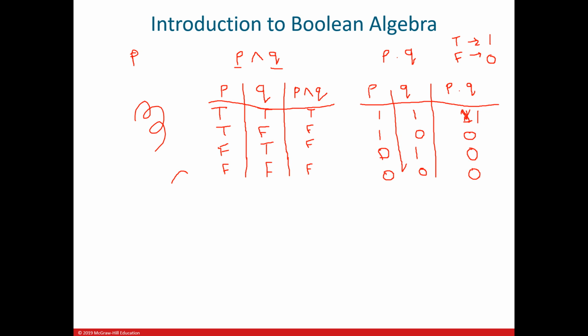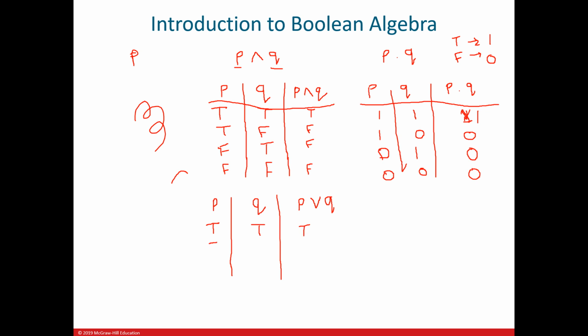Now, if you remember the OR function or disjunction, in that case P or Q is true when both or either P or Q is true. So whenever any one of them is true, the value of P or Q is true. In the original truth table, if we have both true, then P or Q is true.